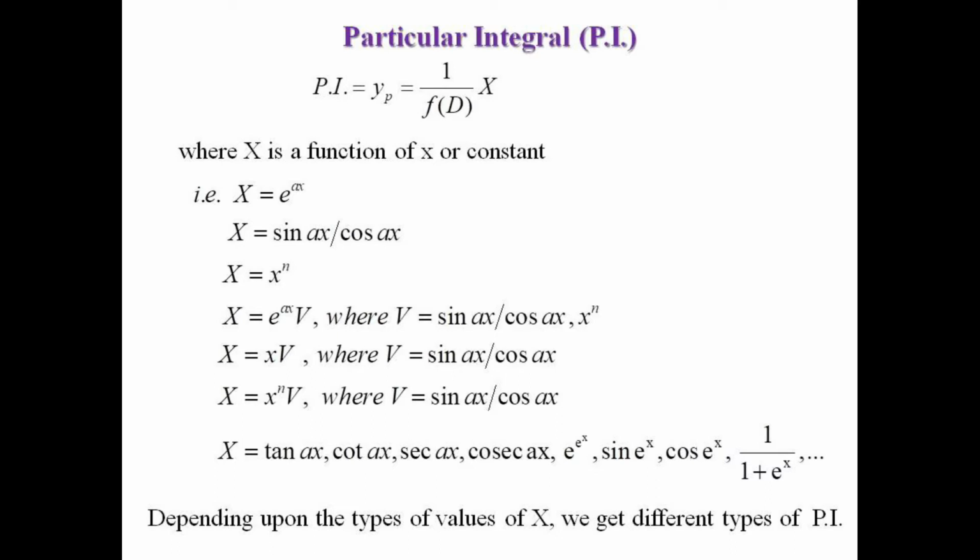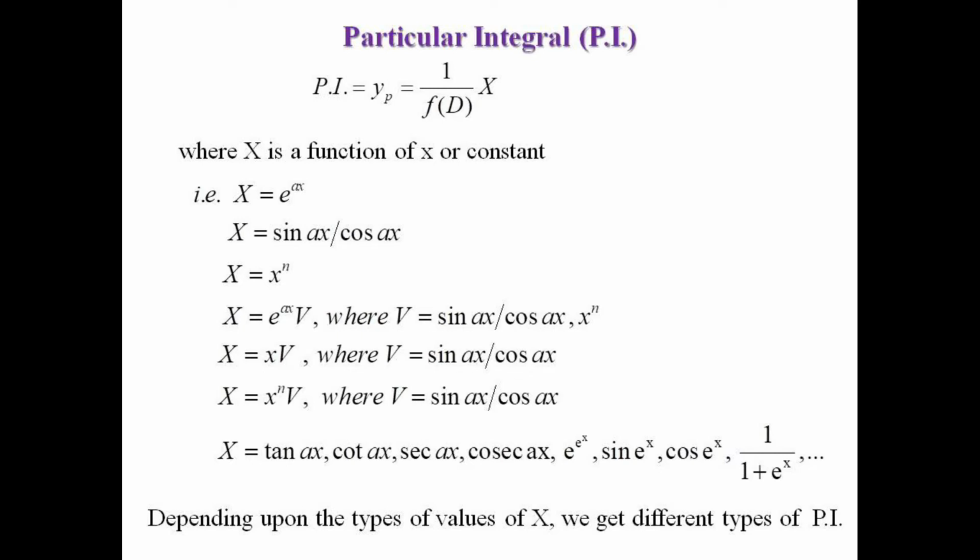So in general, there are 7 different types of values of X available on the right hand side of a linear differential equation with constant coefficient. This is the general idea about the types of values of capital X. In detail we are learning all these 7 types for finding the value of particular integral. Depending upon the type of value of X, we get different types of particular integral.